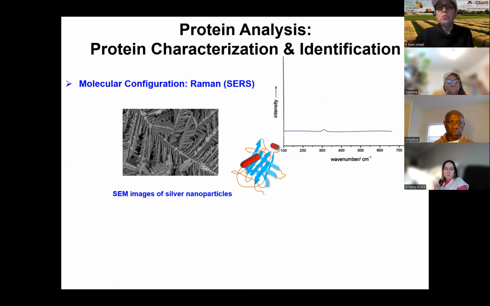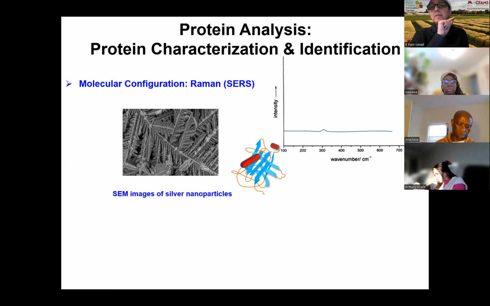Raman. So Raman spectroscopy is a very unique and highly sensitive form of IR spectroscopy, and SERS is surface enhanced Raman spectroscopy. Again, from food analysis and your undergraduate classes, you will know that Raman is based on the scattering of light after partial absorption of IR radiation.